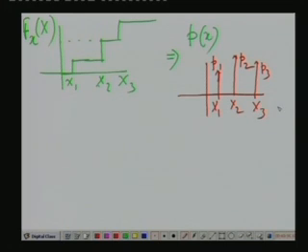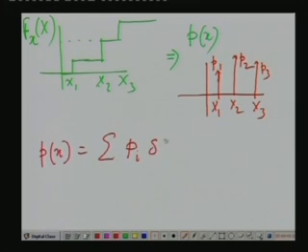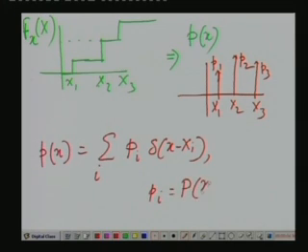So that means we can write in general px is nothing but summation of Pi delta x minus xi, and this is over some i. And what is Pi? Where Pi is the probability of x taking value equal to xi.